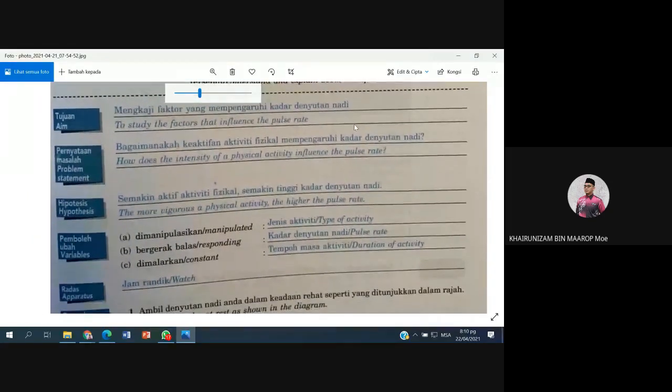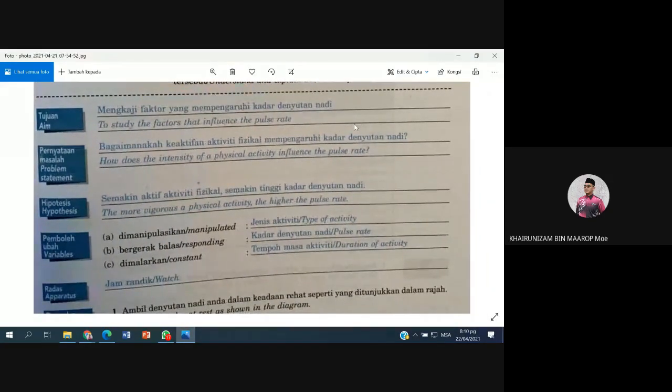The hypothesis in this experiment is the more vigorous the physical activity, the higher the pulse rate. That's our hypothesis.